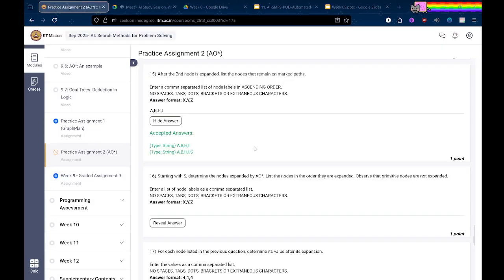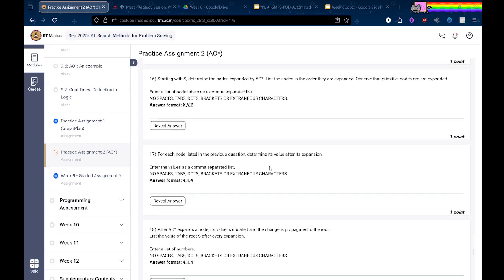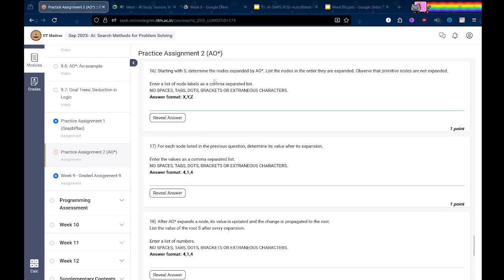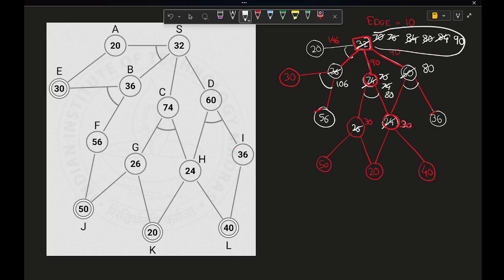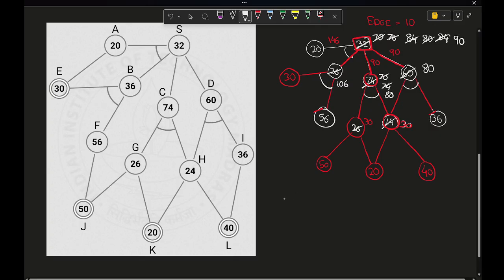So that happened. And starting with F, determine the nodes expanded by AO star. List the nodes in the order that they were expanded. Ah, we did not write the order. I was too focused on keeping track of these values that I did not keep track of the order itself.